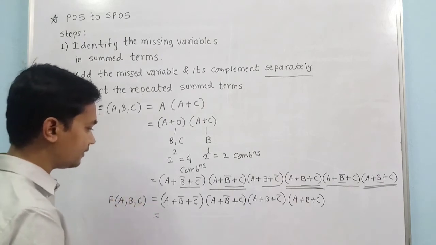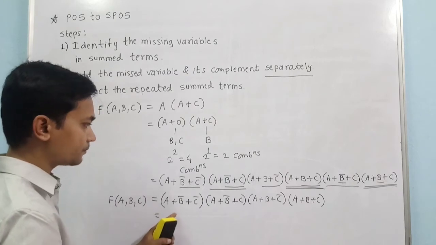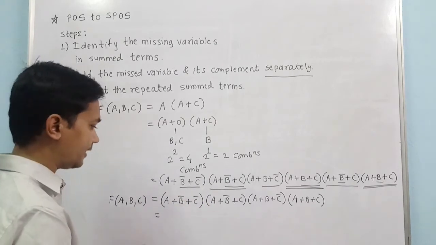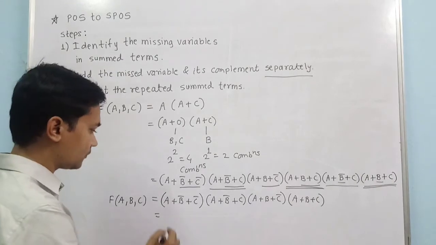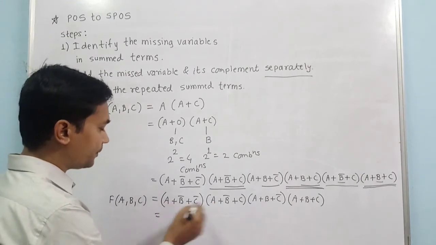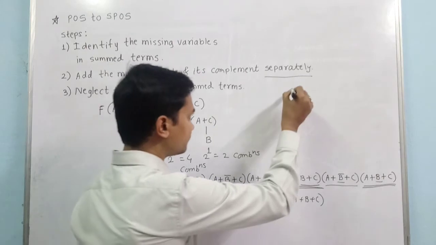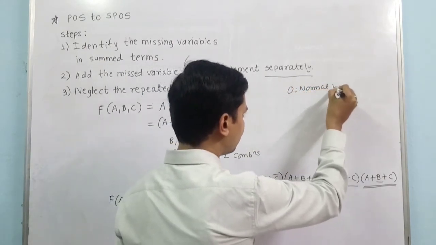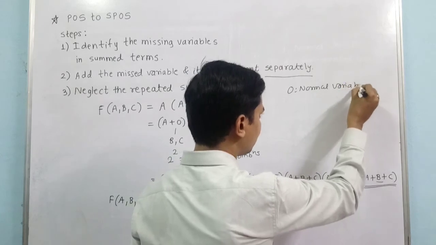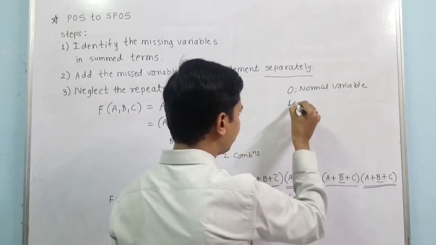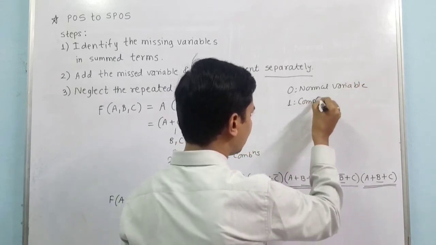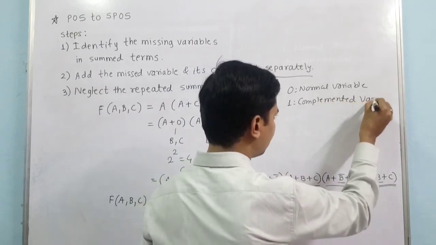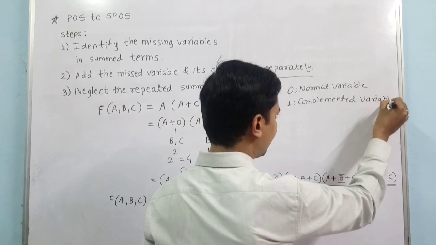Now the next step is to find the decimal values in order to write it in maxterm form. For the POS form we write 0 for a normal variable and 1 for a complemented variable.